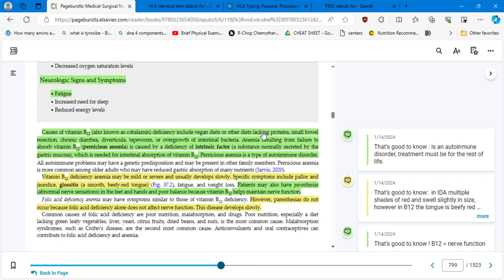A small bowel resection, as I mentioned before, all these patients that are having these surgeries in order to lose weight, they are at risk. Chronic diarrhea, diverticula, which are little pouches in the small intestine, tapeworm, or overgrowth of intestinal bacteria.